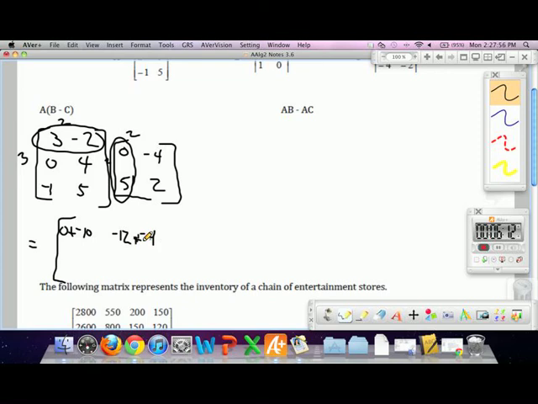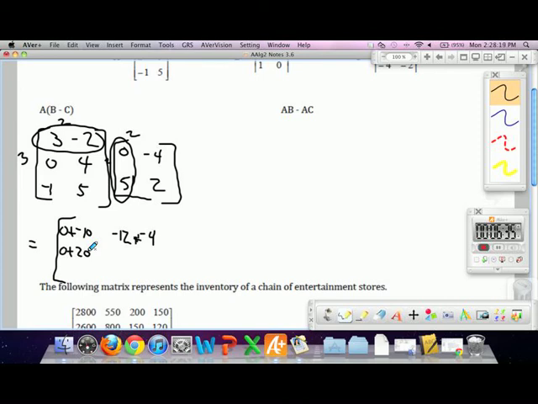And we'll continue. Row 2, column 1 is 0 plus 20. Row 2, column 2 would be 0 plus 8.